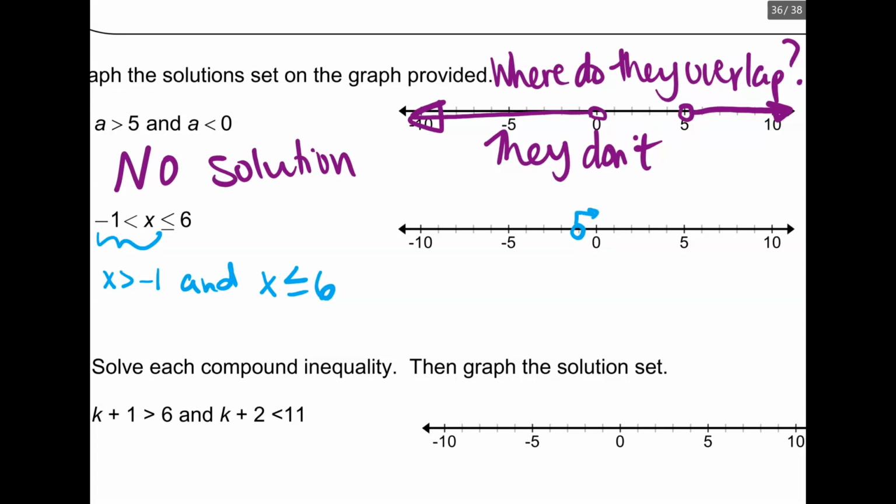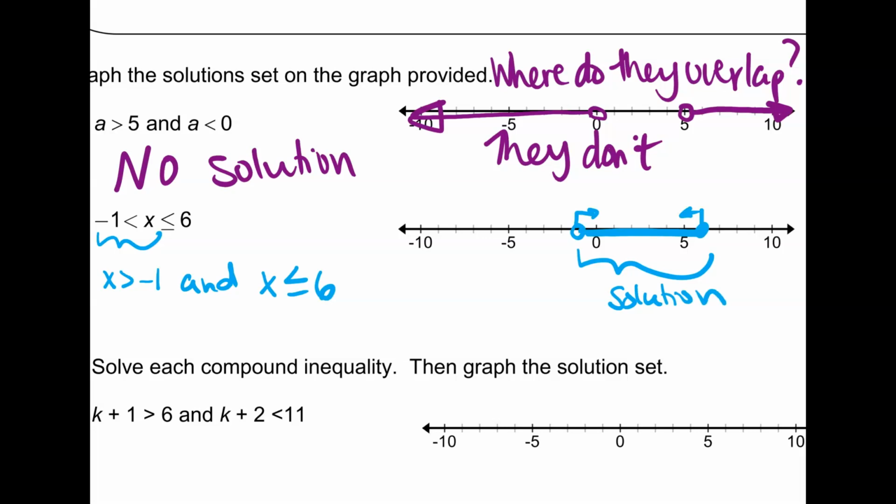Then x is less than or equal to 6, so at 6 I have a filled circle, and less than means it points that way. They're pointing toward each other, so the solution is connecting them: an open circle on the left side and a closed one on the right side. This is the portion where I have my solution.